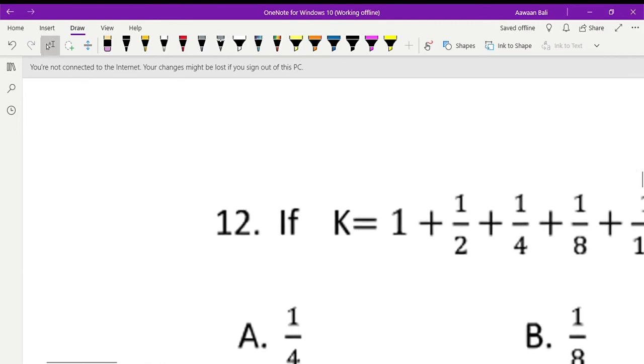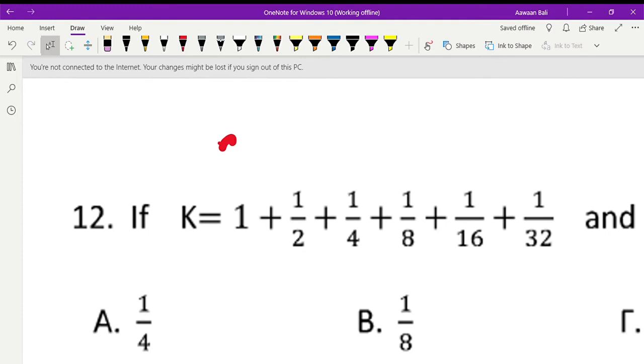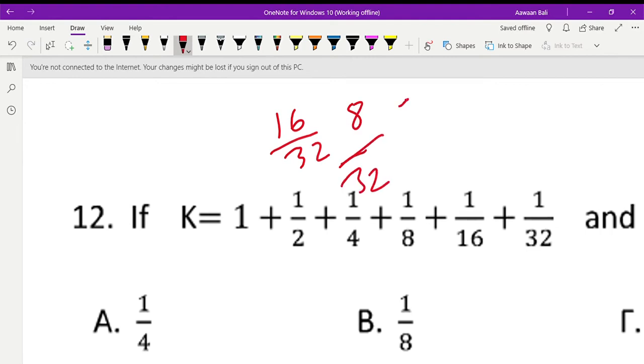So we have 32. So we can keep the 1, I guess, as itself, since we know that's 32 upon 32 directly. And then we have 16 upon 32. Then 8 upon 32. 4 upon 32. 2 upon 32.